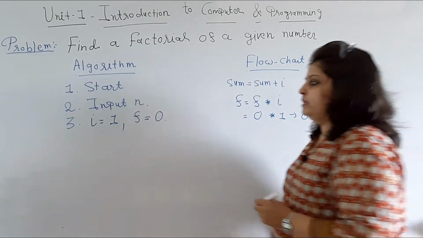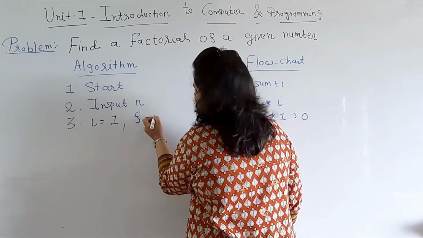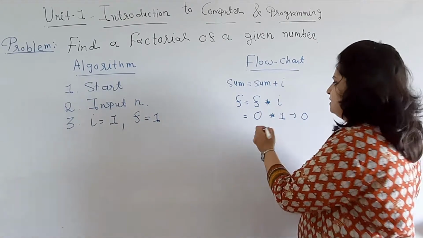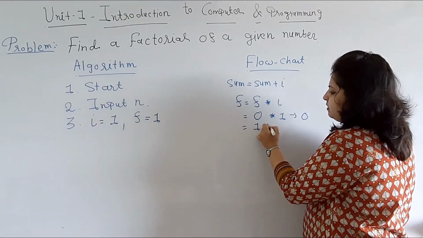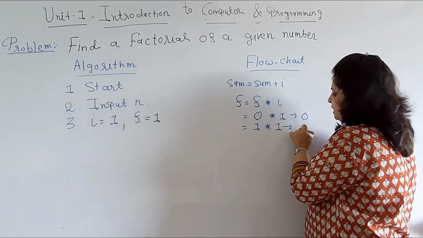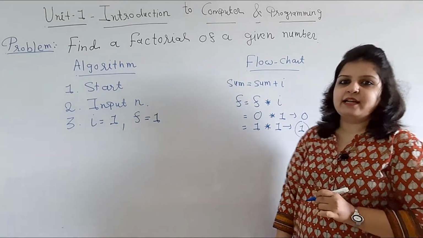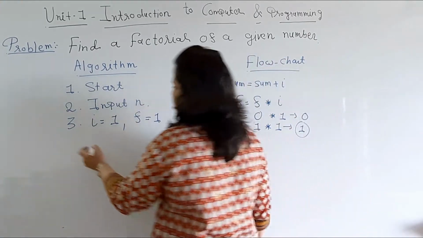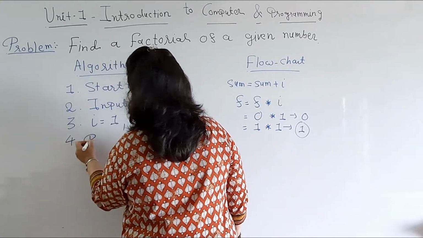So here, instead of 0 we will take f as 1. So in the first step when we do the operation, 1 into 1 we will get answer 1. Now the next step is repeat.